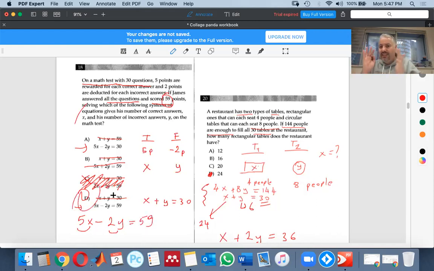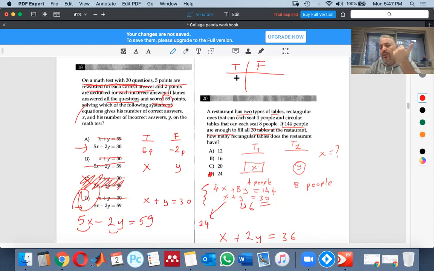Okay, not difficult. Just try to create your own scenario, your own table. Read, write, read, write. So the question says there are 30 questions, 5 points rewarded for each correct. When I see correct, that means true, false. And then each correct is 5 points.